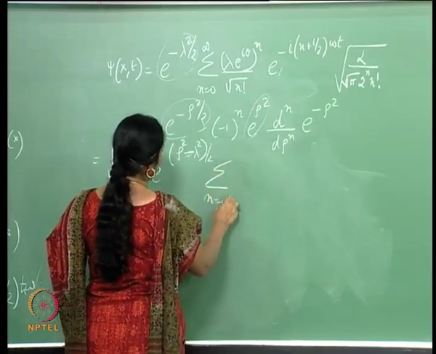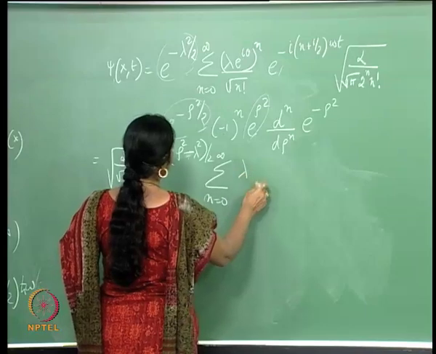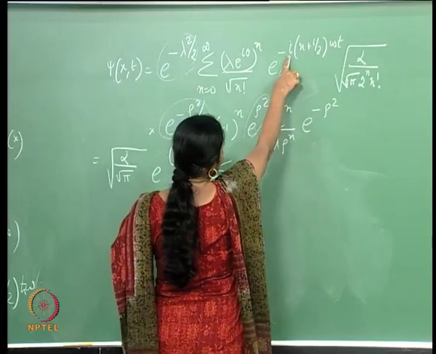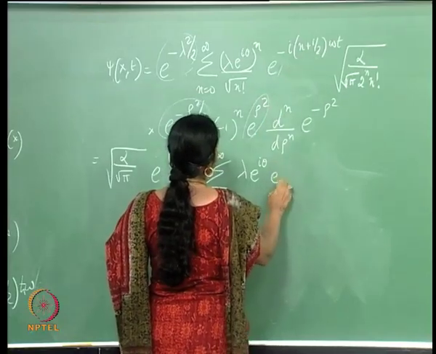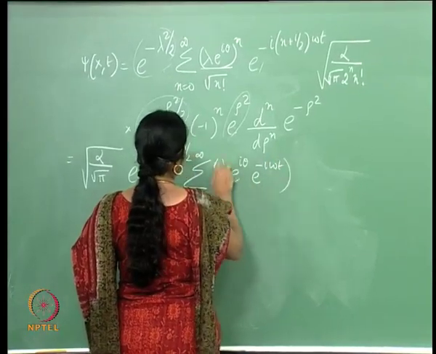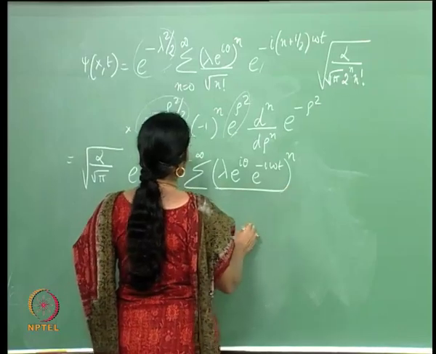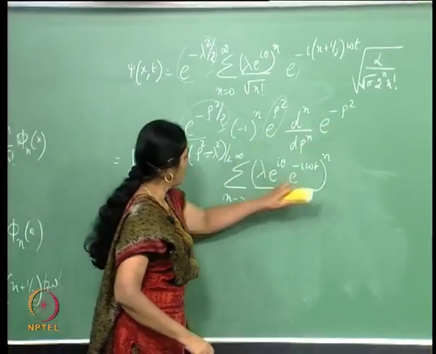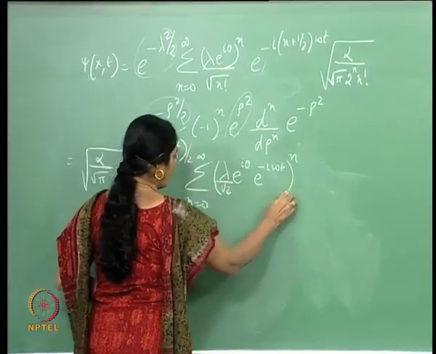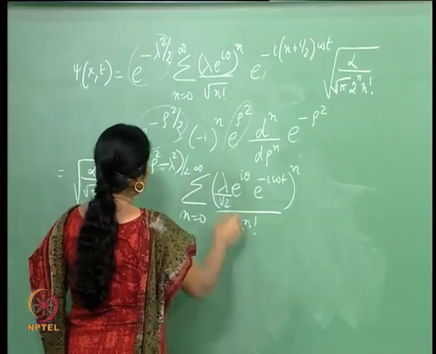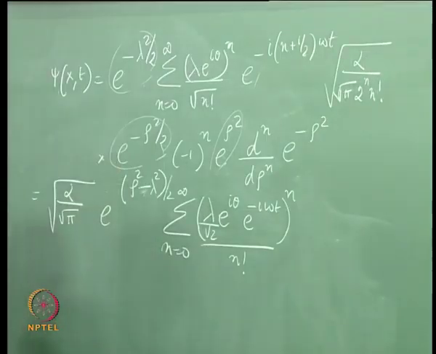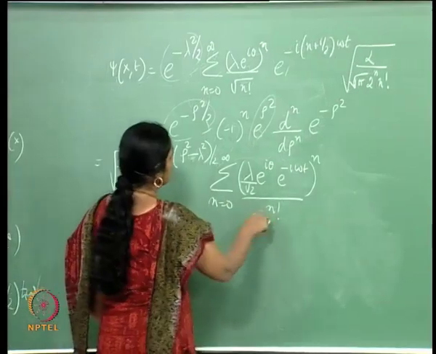So I have summation n equals 0 to infinity, lambda e to the i theta, and then I have an e to the minus i omega t, the whole to the n, but then I also have a root 2 here. So perhaps I can write a lambda by root 2, the whole to the n. There is an n factorial because there is a root of n factorial there and a root of n factorial out there, and therefore that gives me this object.